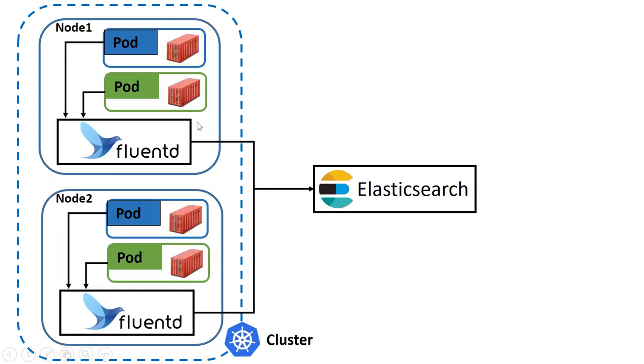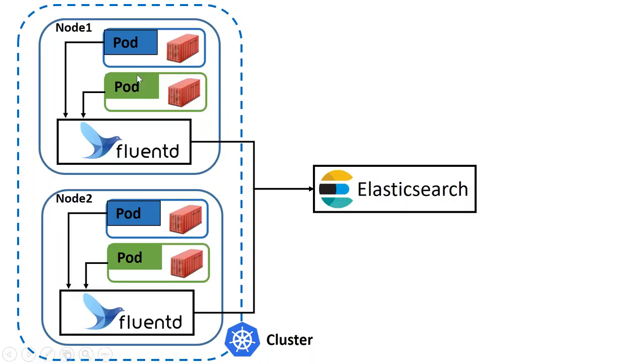So if I have 10 nodes in my cluster, each node will have a FluentD running, and that will capture all the information from the pods that have been created, and everything will be redirected to Elasticsearch. So now we have all the information available in Elasticsearch.